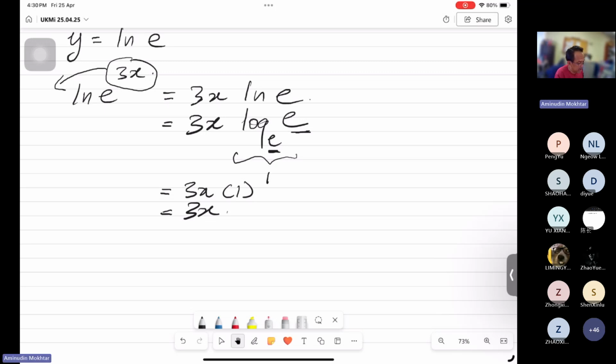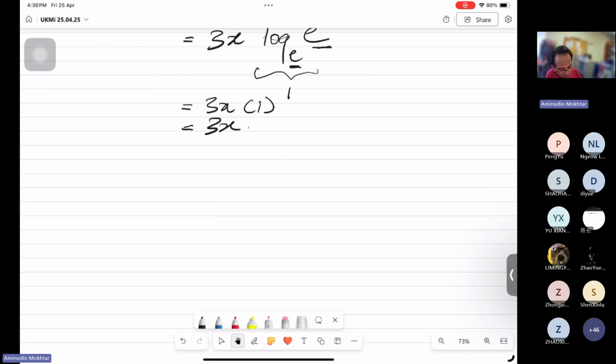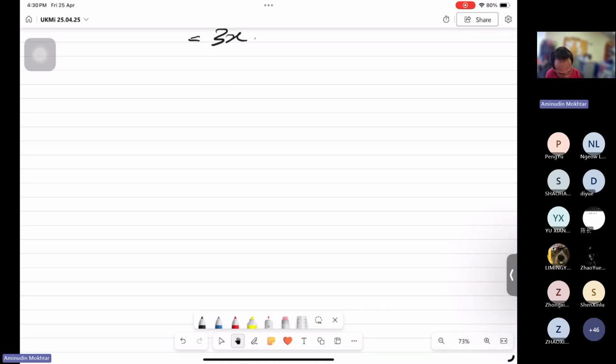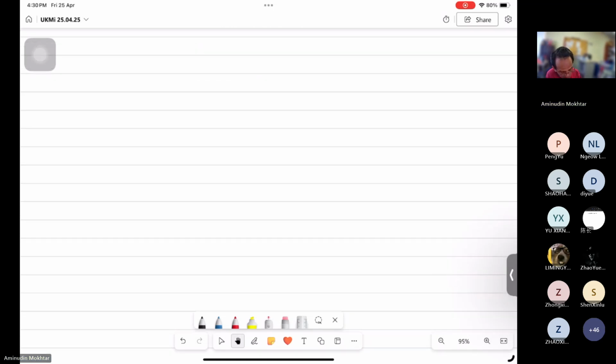Okay, another example. Example 1.42. We have this equation: 10 to the power of log x squared equal to 25.